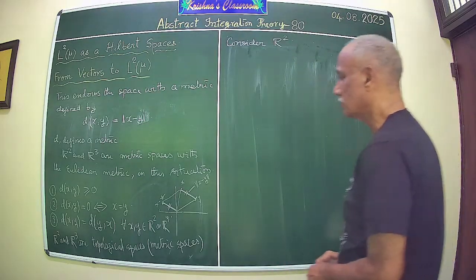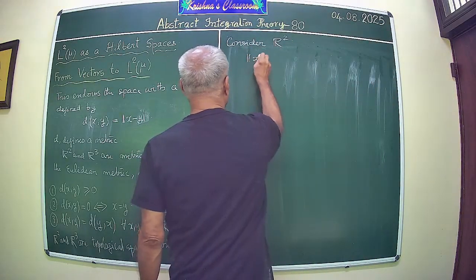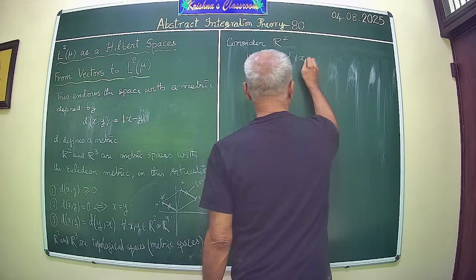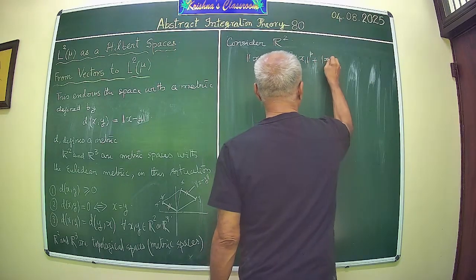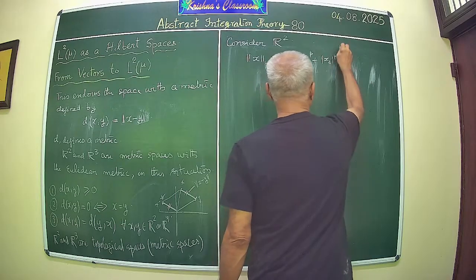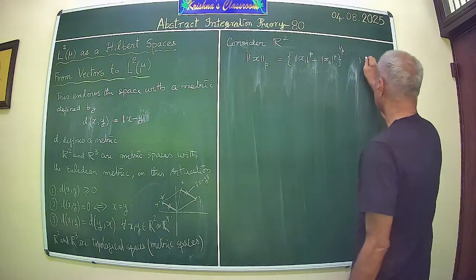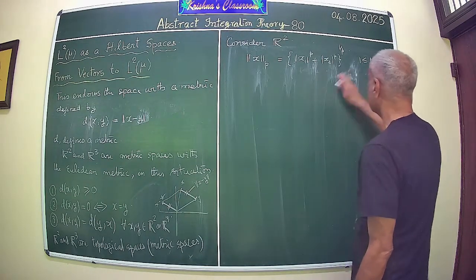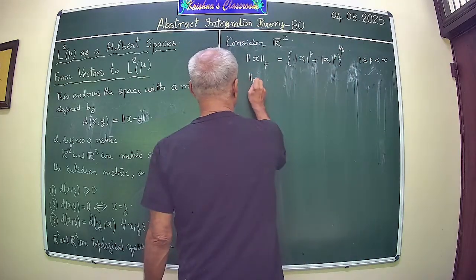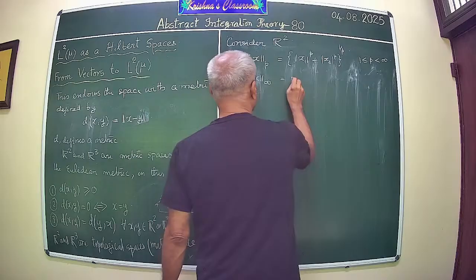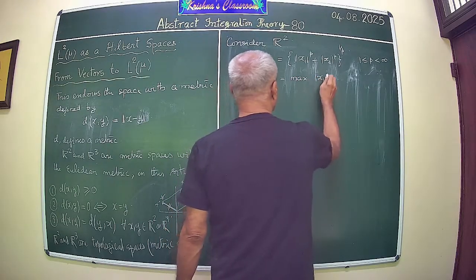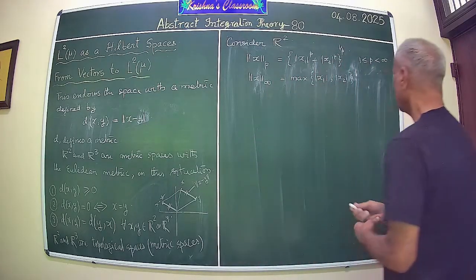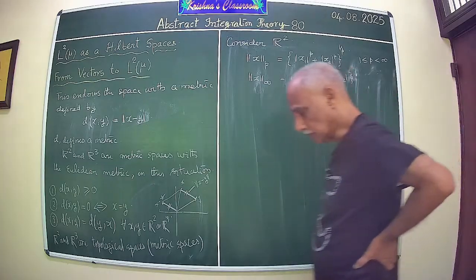What is the general norm? See, you have a P norm. This can be one by... or even... and so this is what you have.